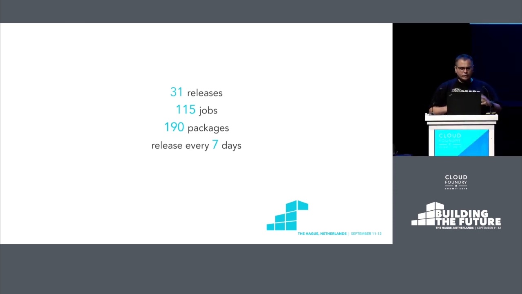And what you end up with is around 190 software packages that get integrated and released every 7 days, on average. And this is an awesome cadence because all of that software works together. And I want us to keep this in mind because this is something that we want to bring with us when we go to the Kubernetes world.